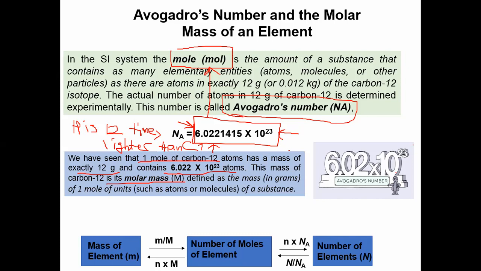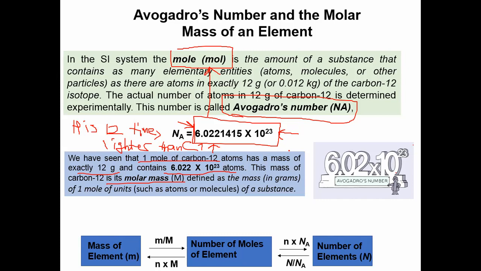So it's an absolutely huge number, so you cannot have such a heavy element. Again, the question is that hydrogen in general is 12 times lighter than carbon. So what's going to be the mass of 1 mole of hydrogen?